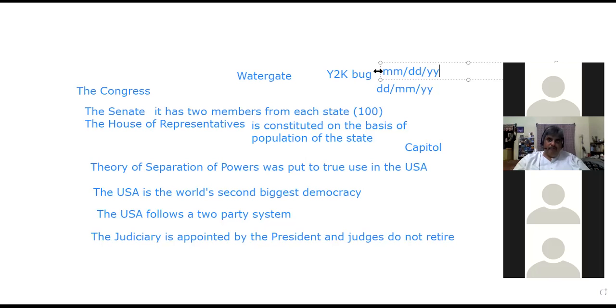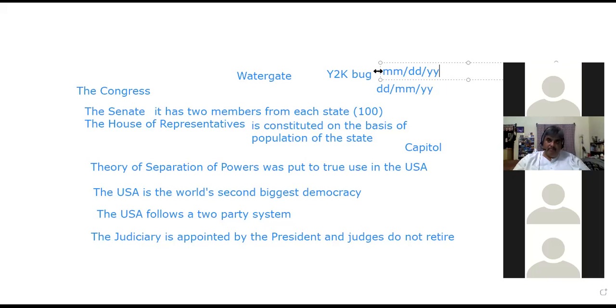So there would be no free movement between Mexico and USA. He said we'll separate them through the wall. And he also made statements like he'll make the Mexicans pay for the wall.